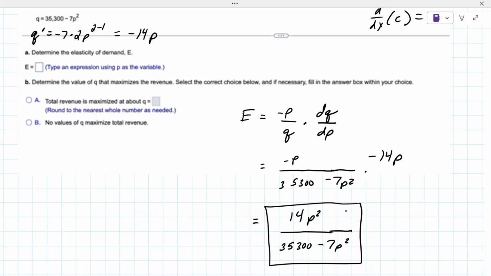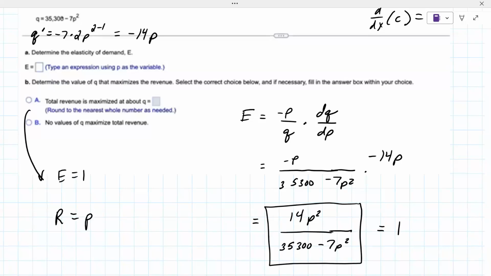So there's a couple of ways to do this part B. The first way is that revenue is maximized when elasticity equals 1. So you set this equation equal to 1. The other way to do it is to go back to the original equation, Q, and write the revenue equation.